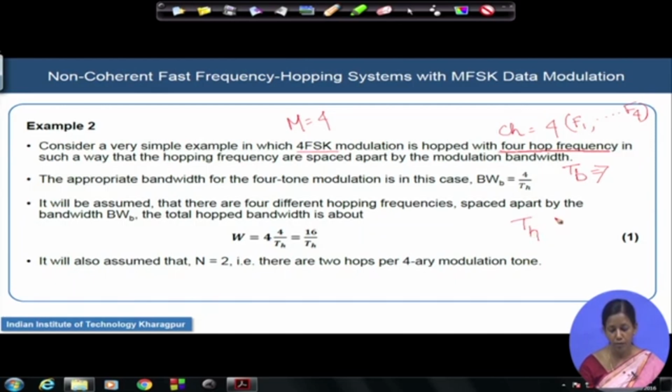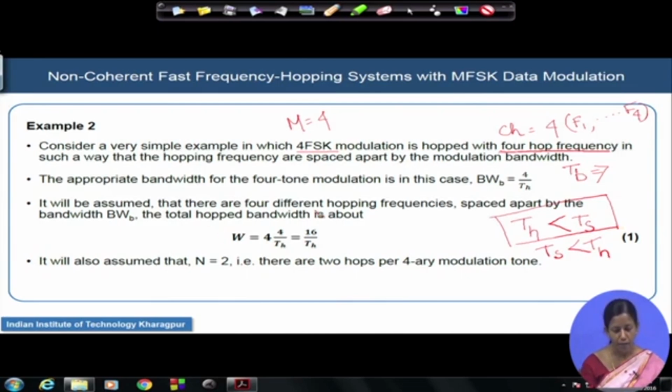If your symbol duration is greater than the hopping duration, that means within a symbol duration there is a change in the channel, you are hopping from one frequency to the next, then this is a really fast hopping. And if it is vice versa, I mean the symbol duration is small compared to the hopping duration, what we saw in the last slide, then this is a slow frequency hopping. Here we will see how the hopping goes on when the symbol duration is larger than the hopping duration.